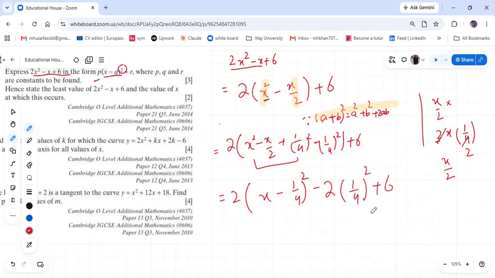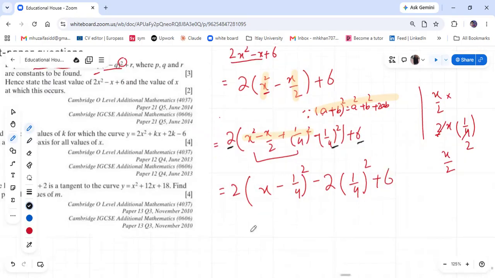Can you understand how I wrote this step? I'm just completing the square on this term, and the 2 is multiplying, so I'm taking it outside, and the plus 6 is as it is.